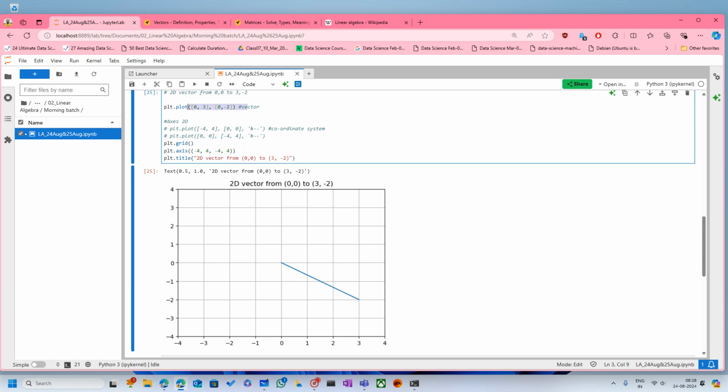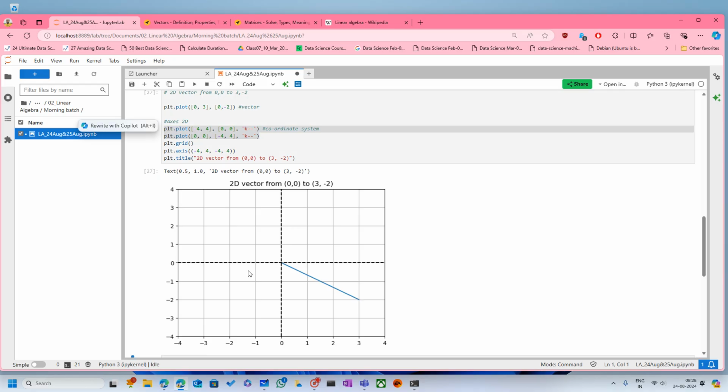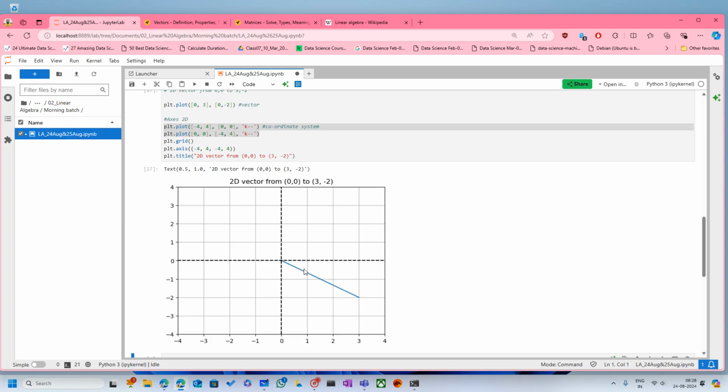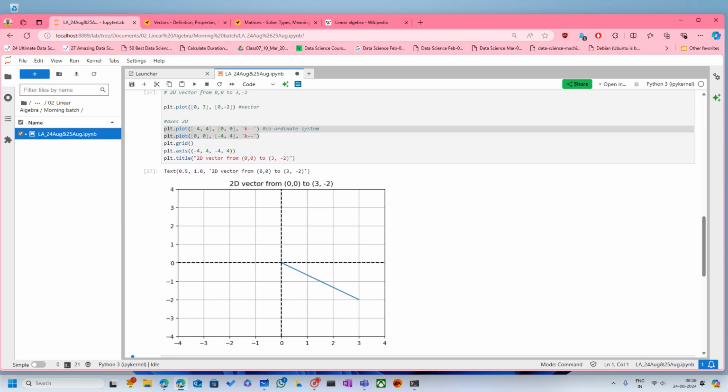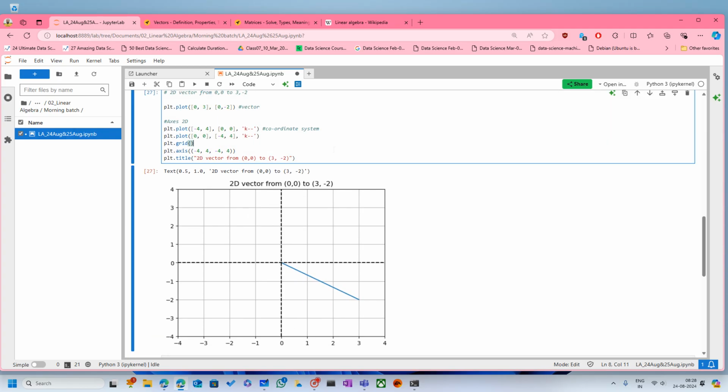This is your vector, and this is added to get the title. So I'm going to unhighlight that. This is for dotted lines so that we can understand better. This is our kind of coordinate system. This is how you can add a coordinate system to visualize the 2D vector. This is a 2D vector.